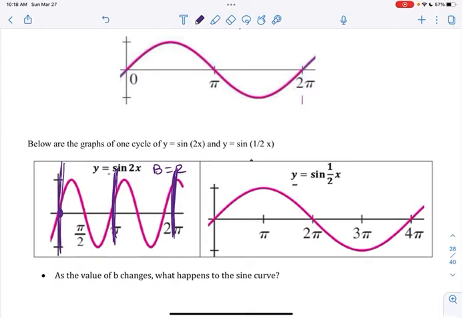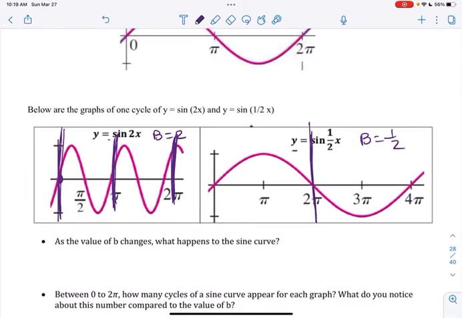And the next one on the right, B is 1/2. Well, when B is 1/2, between 0 and 2 pi, which would normally be one cycle, I only have half a cycle. I have to go from 0 to 4 pi to have a complete cycle.